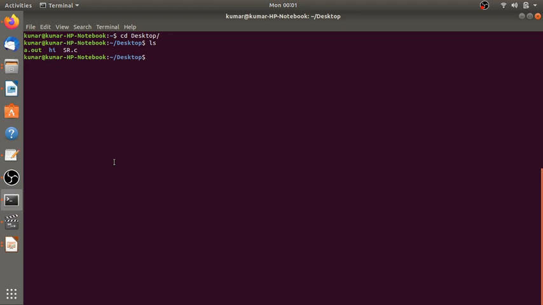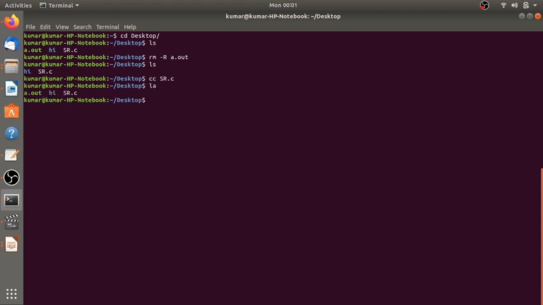Yes, my program name is sr.c. First I am going to remove my a.out file. Then I compile with cc sr.c. Now I check with ls, and I am getting a.out. So now I am running a.out.